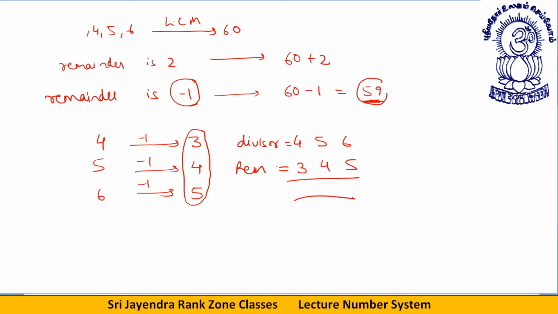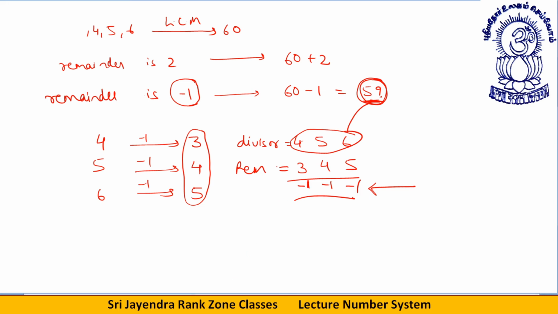So 59 is such a number: 56 plus 3 when divided by 4, 55 plus 4 when divided by 5, 54 plus 5 when divided by 6. These different remainders can also be said to be a remainder of minus 1. It's one and the same thing.